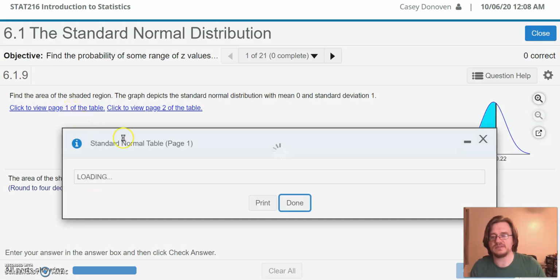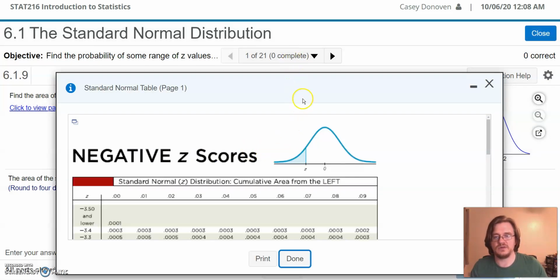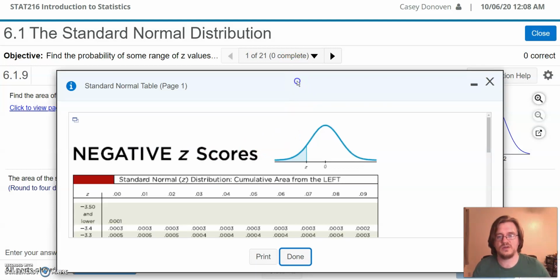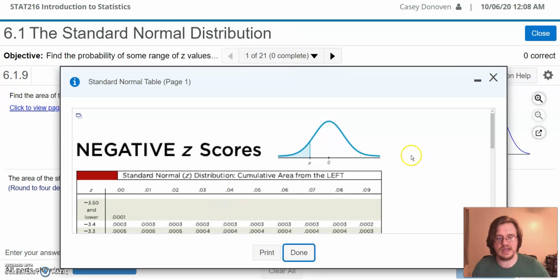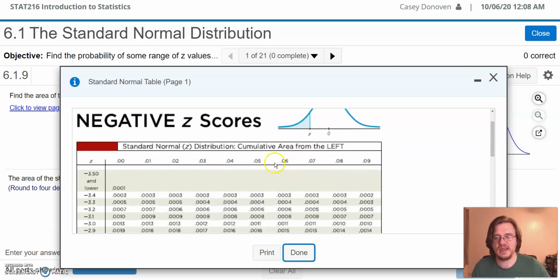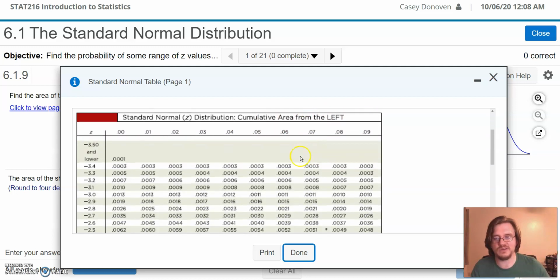We had tables. So when we look at the table, we see that this is giving us the area to the left of this z value here. And we can come down and we can look for whatever value we want.